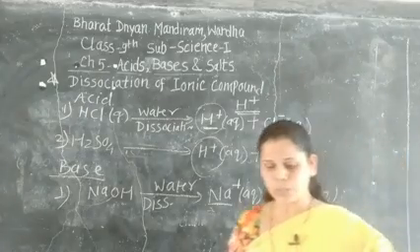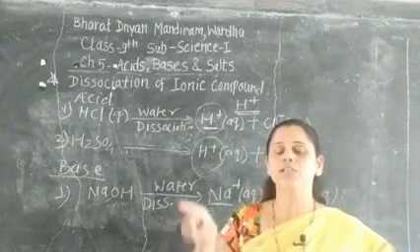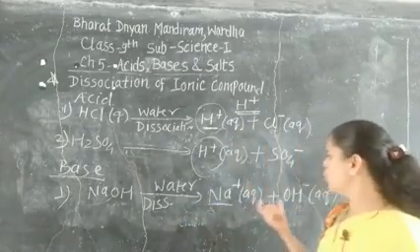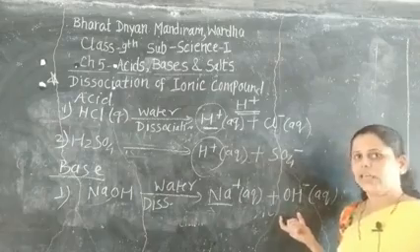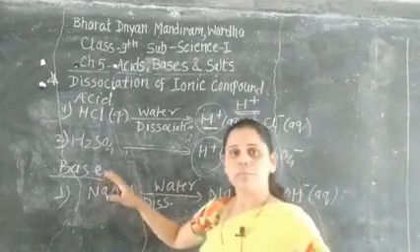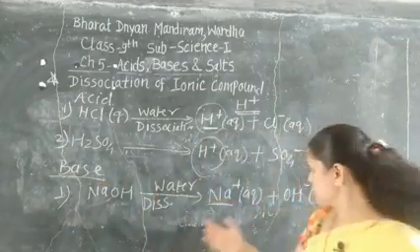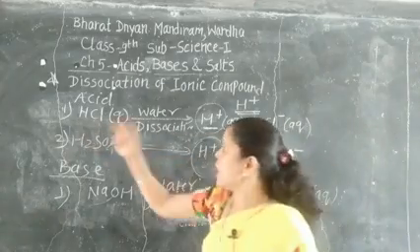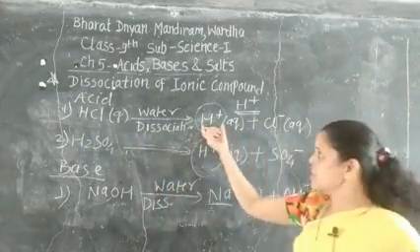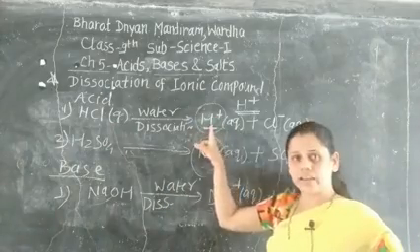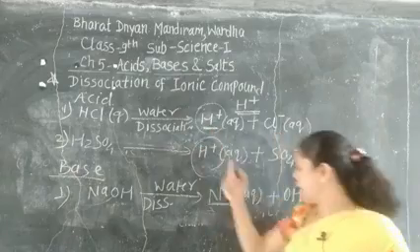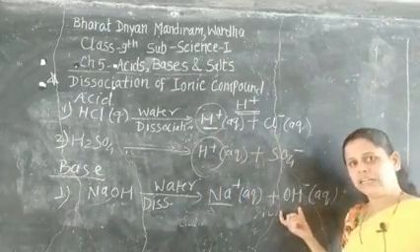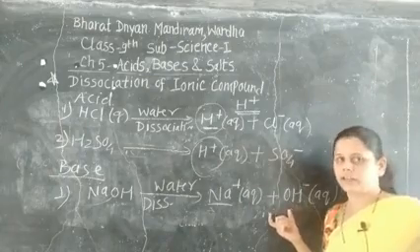So a base is a substance which on dissolving in water gives rise to the OH- ion as an anion. In a base, after dissociation, OH- ion is formed, and in an acid, after dissociation, H+ ion is formed as a cation. Here in the base, OH- is formed as an anion, a negative ion. Clear?